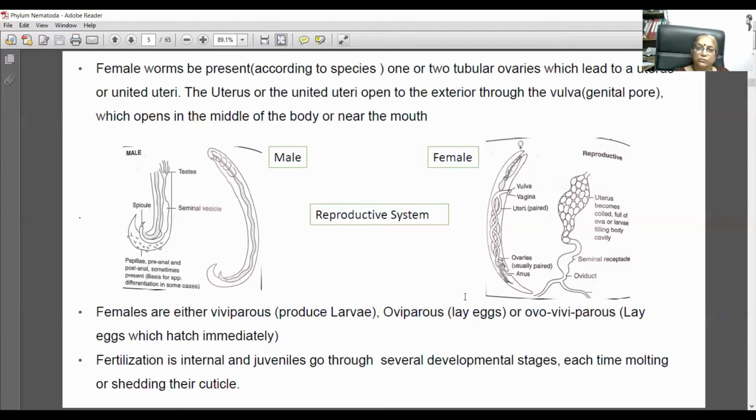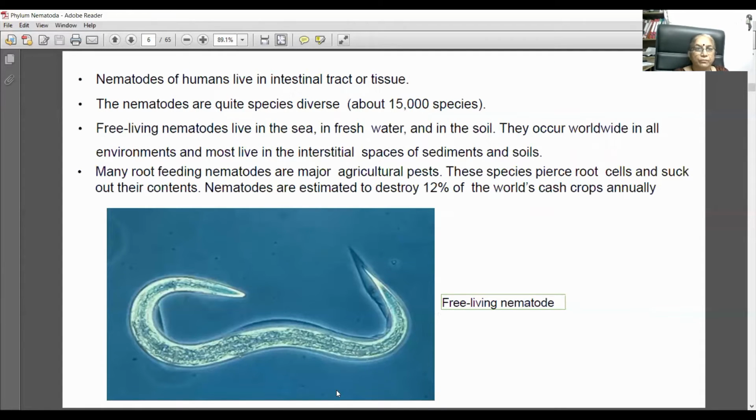And in some cases ovoviviparous, that is, when the worm lays eggs, immediately they hatch into a larva. That time it is known as ovoviviparous. Fertilization is internal, and juveniles go through several development stages. Each time, molting or shedding of the cuticle occurs.